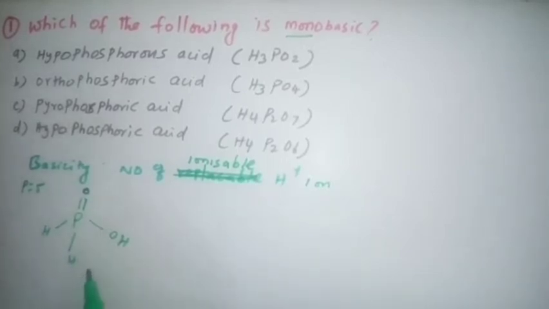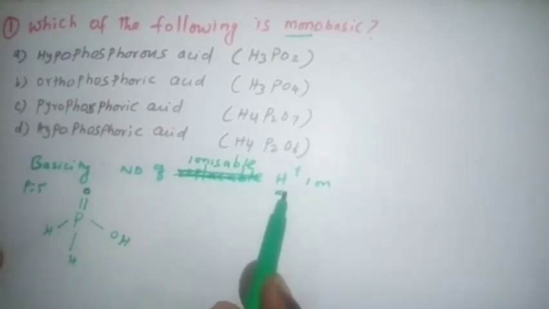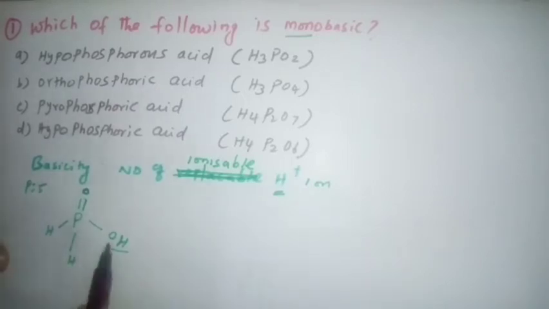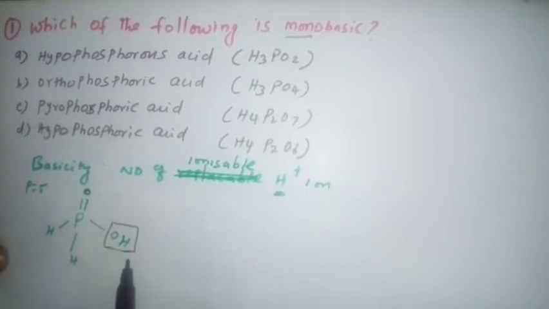Now the point is, the ionizable hydrogen ion should be attached to an oxygen atom. When an oxygen atom is attached to a hydrogen atom, then that particular hydrogen will be ionizable. This one is not ionizable, this one is not ionizable.